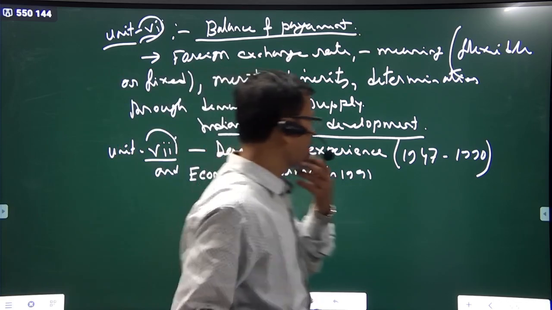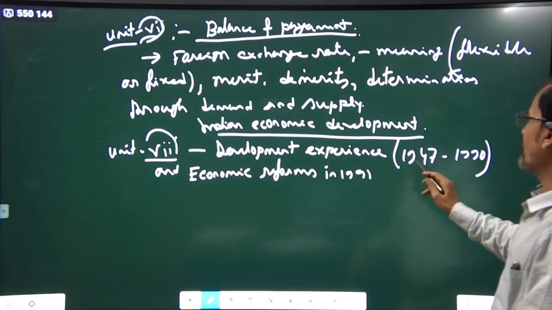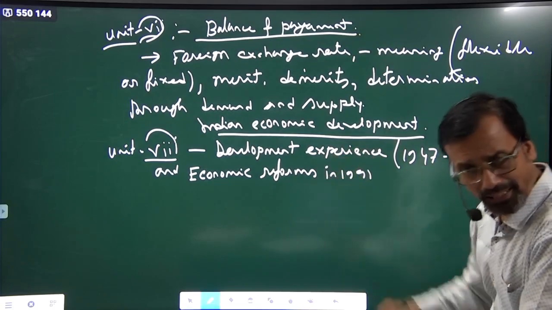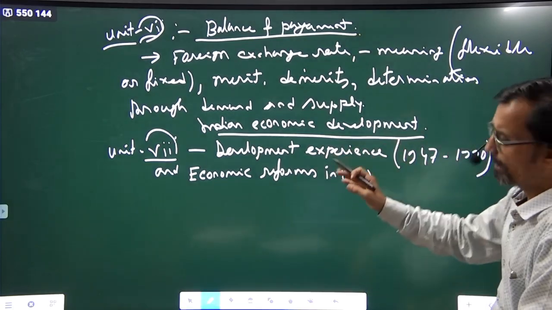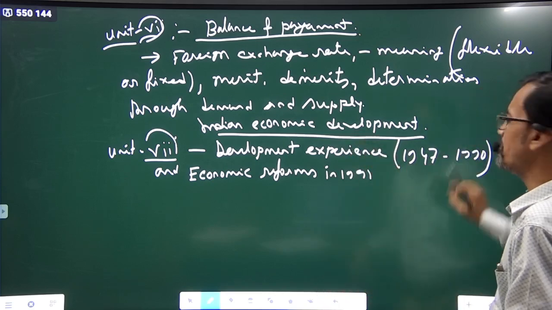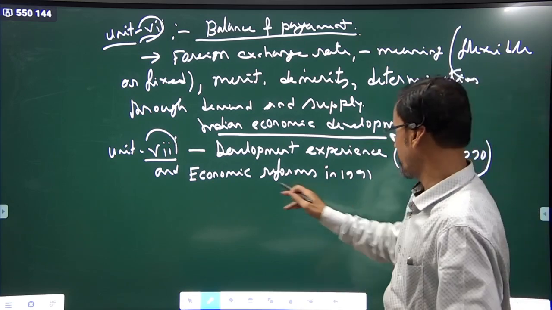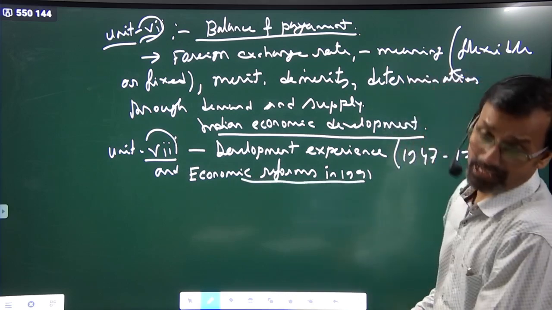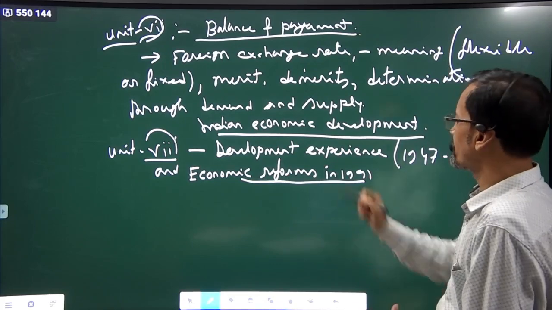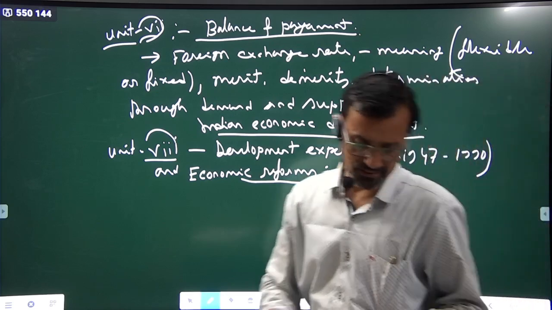One part we have to study is between 1947 and 1990 about the Indian economy: how the Indian economy experienced its development during this time period. And after 1991, that is LPG. LPG, reform means liberalization, privatization, globalization, and how the development is experienced.